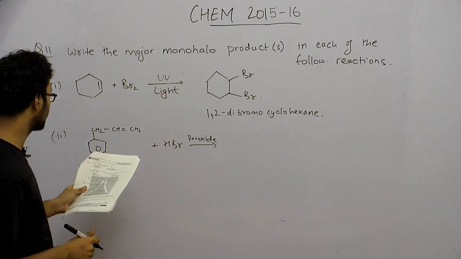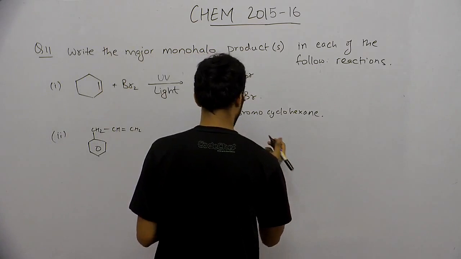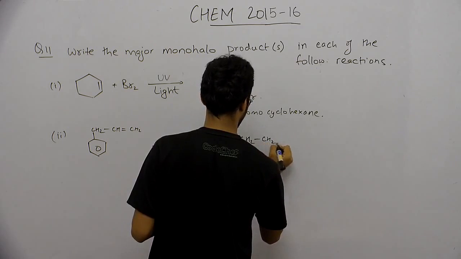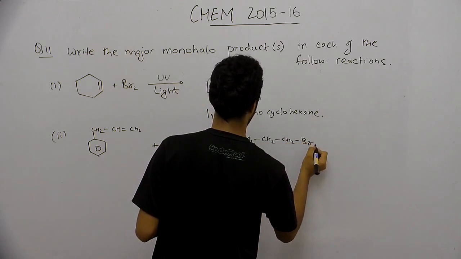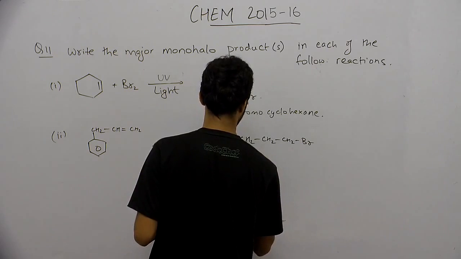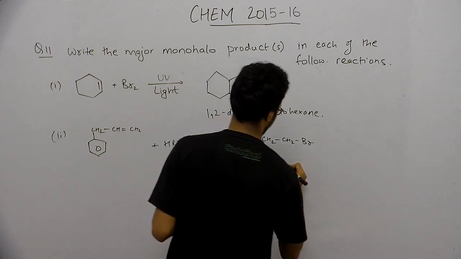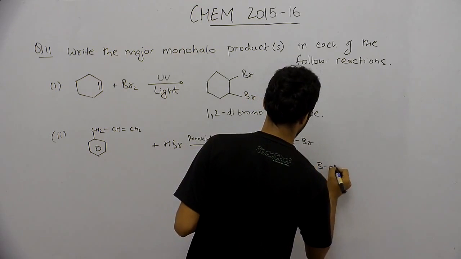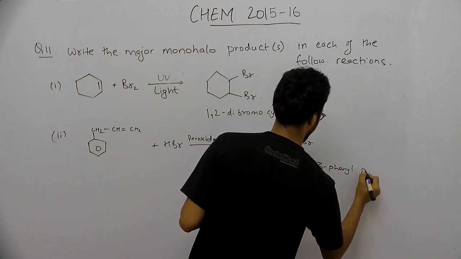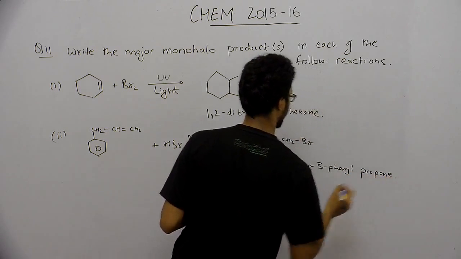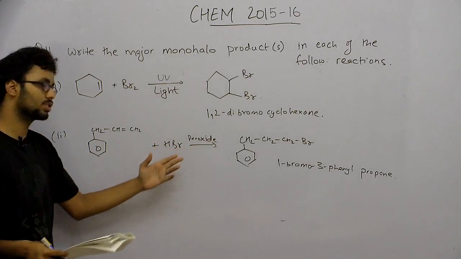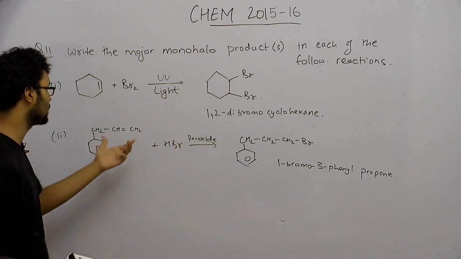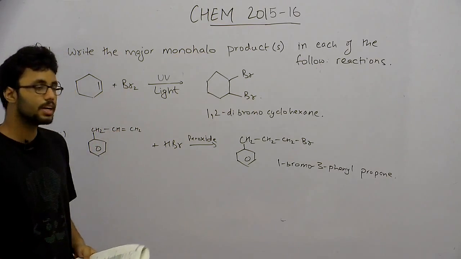So the major product of this reaction is 1-bromo-3-phenylpropane. In peroxide with hydrogen bromide, the bromine atom which is attached on breaking of this double bond is on the farther side.